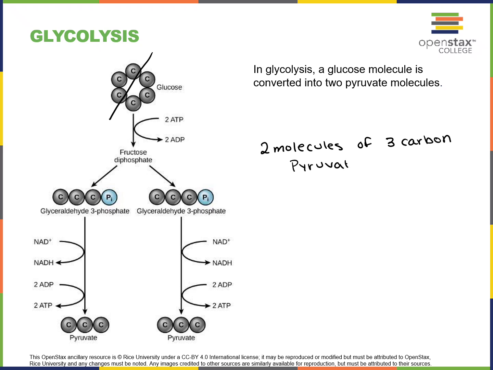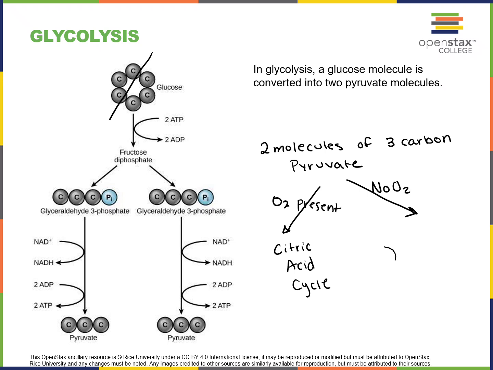And then that pyruvate will either go through the citric acid cycle or, if there is no oxygen present, it will go through fermentation, which also makes ATP, just not nearly as much.